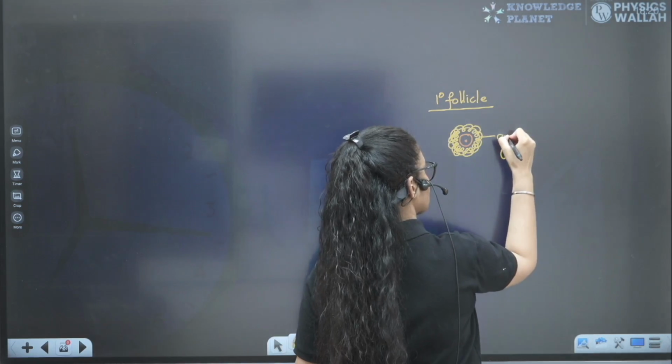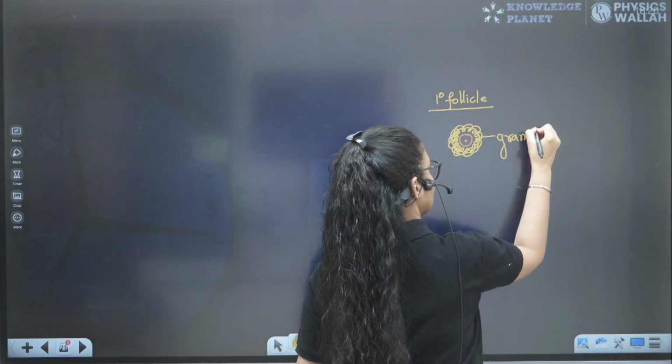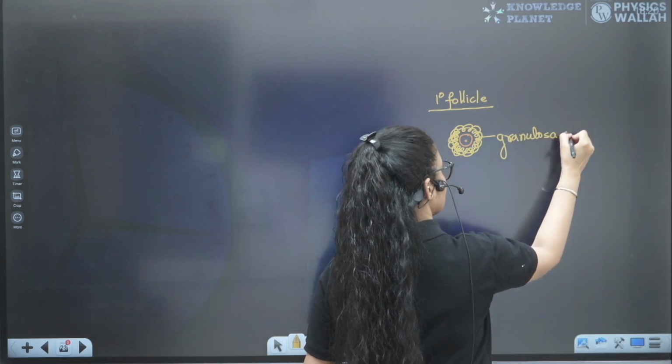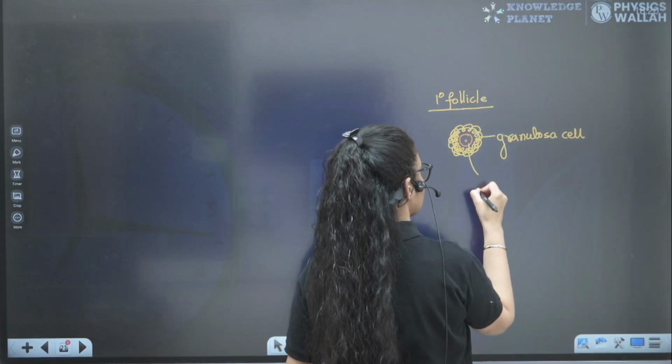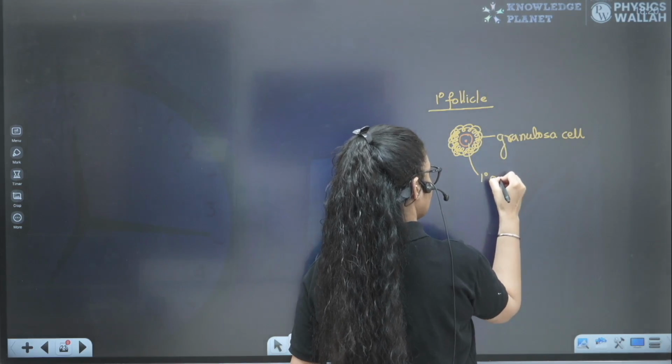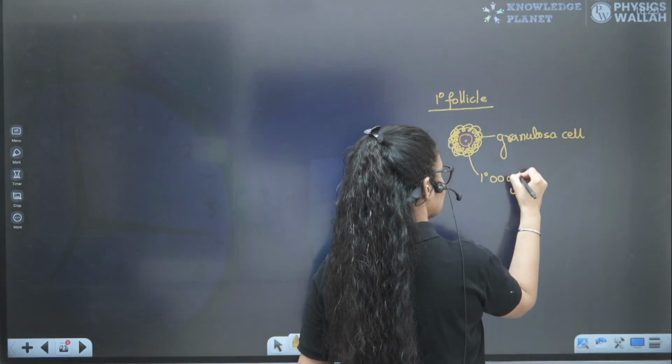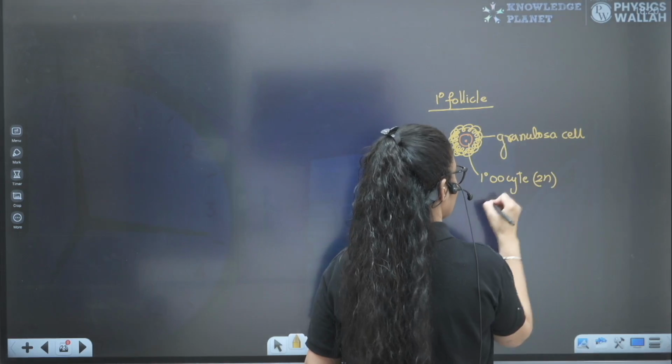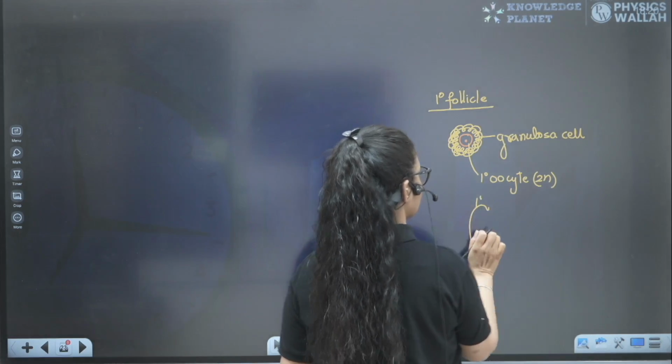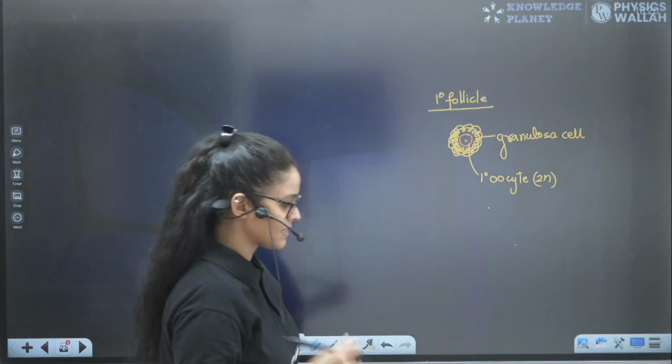This is the special cell, granulosa cell, and this is the primary oocyte. The primary oocyte is diploid, you know very well. And this structure is known as the primary follicle, as you can see.